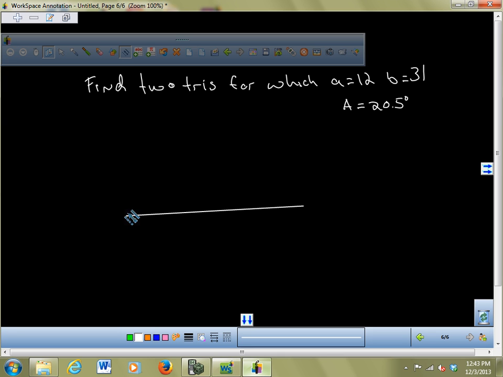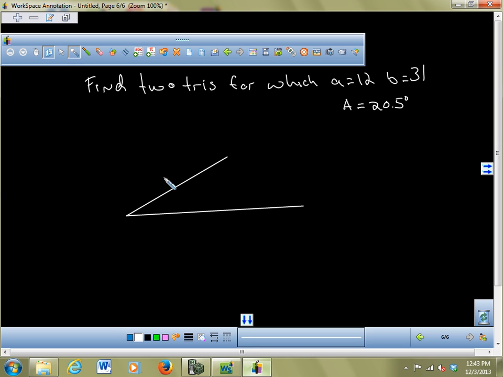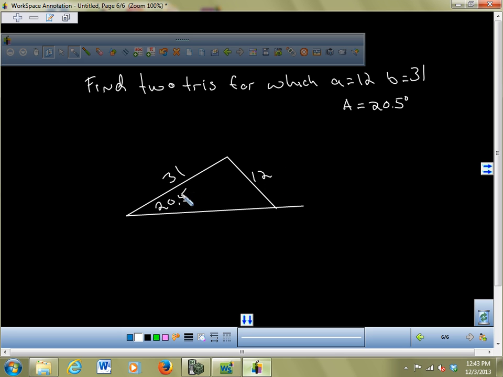So here's b is 31. So we'll call this 31. And I'll just assume that we found H, and we found that a is between H and b. So here's one possibility where this side is 12, and this angle is 20.5. So now to find this angle B over here, it's just what we did before.